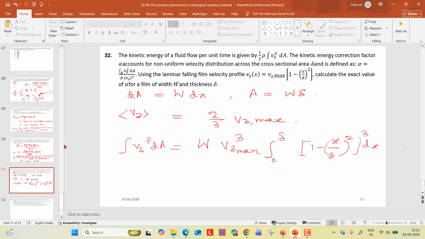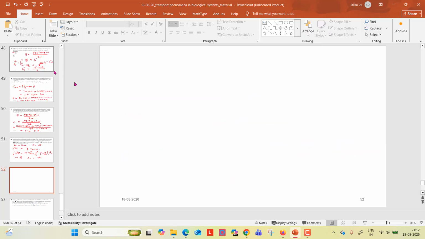So if you take u equals x by delta, then dx equals delta du. We are doing the numerator part first, right? So now we'll put the integration values.